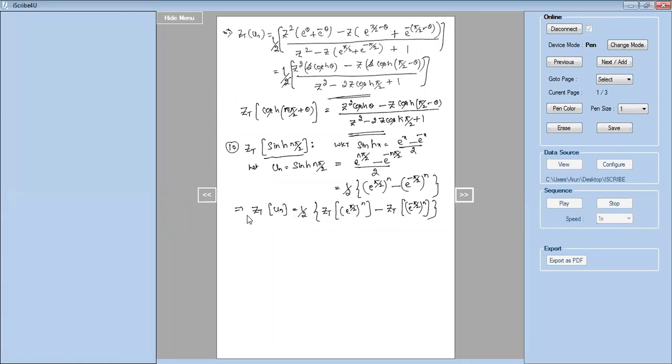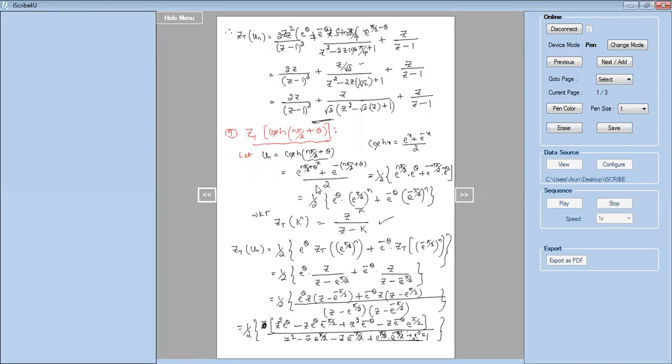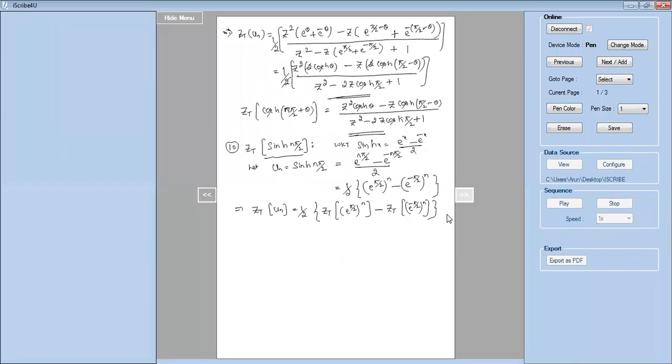And again, this is the same as the last one. See, the Z transformation of e power pi by 2, e power minus pi by 2, this formula I am applying, the same type of simplification, because the terms are the same, no? e power pi by 2, e power minus pi by 2. So here also it is the same thing. The previous problem you have already solved.